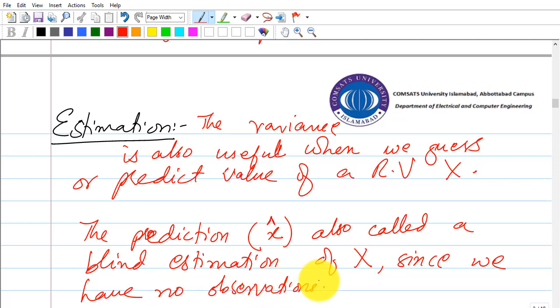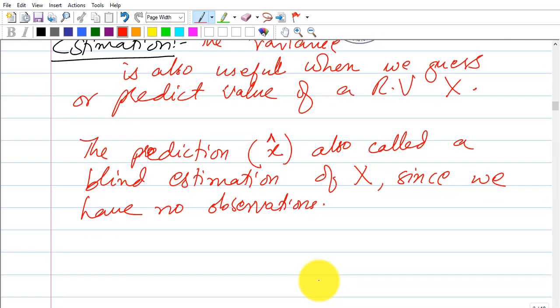So we have no observations, but we have the prediction of random variable x, which is the blind estimate, so that we call it x hat.